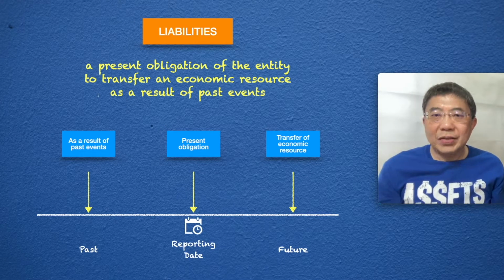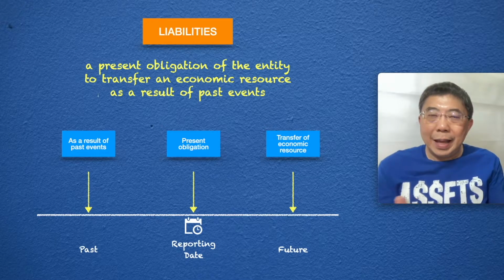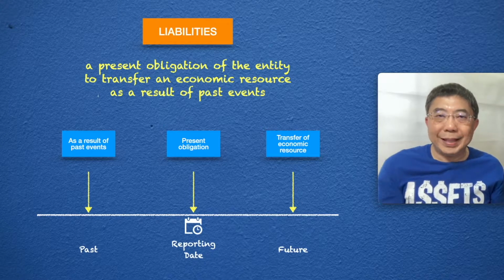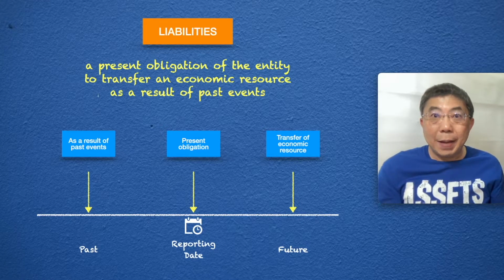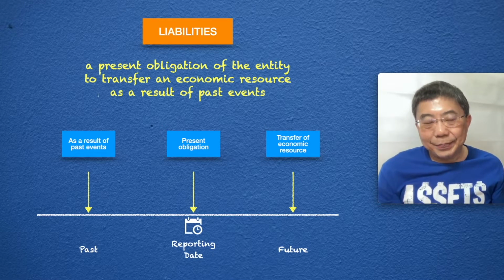Now, in most cases, the timing and amount of this transfer are known with certainty. For example, in the case of a bank loan, when you have to pay the bank and the amount that you need to pay is known with certainty.